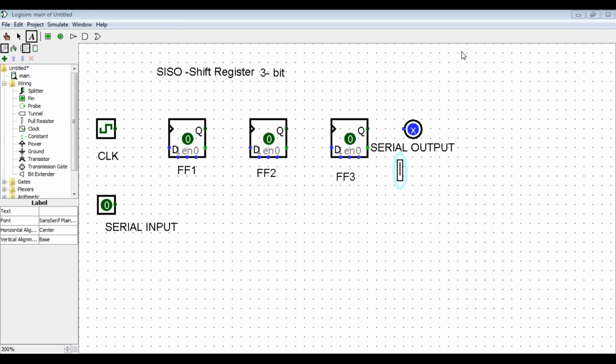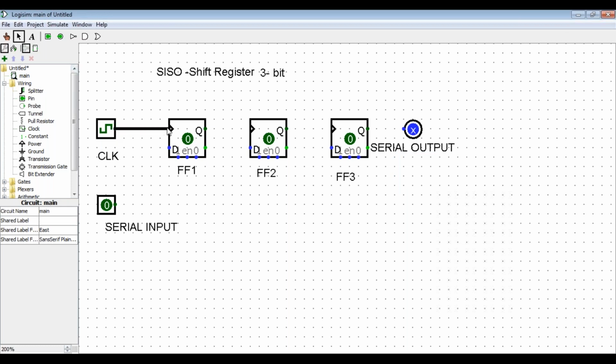Next I'm going for the connection. This shift register comes under synchronous, so we are dealing with a synchronous circuit, and for that we want to give a common clock pulse.